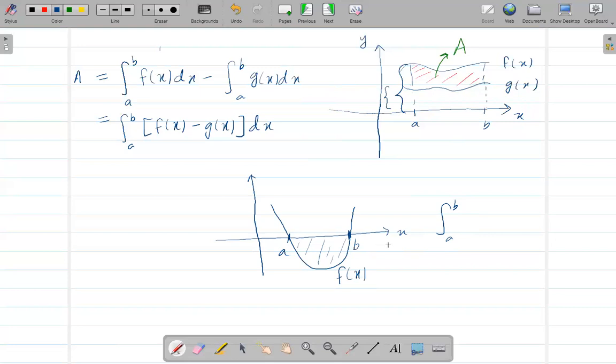Like I said before, anything below the x-axis will be negative. So to consider this negative, I need to consider a negative f of x dx, because I'm considering a negative region. So this region is negative, this region is positive. Just remember these things.